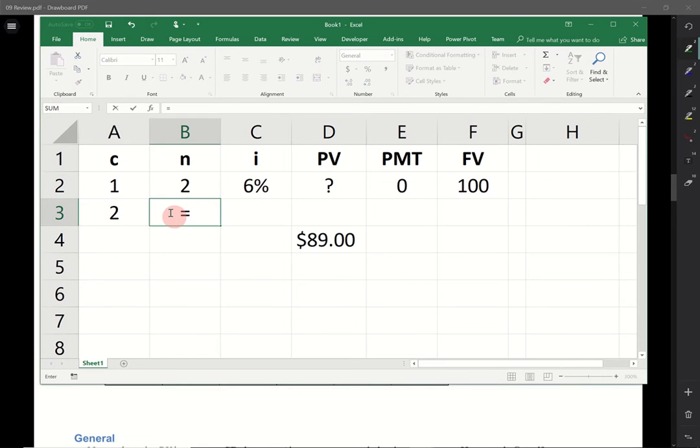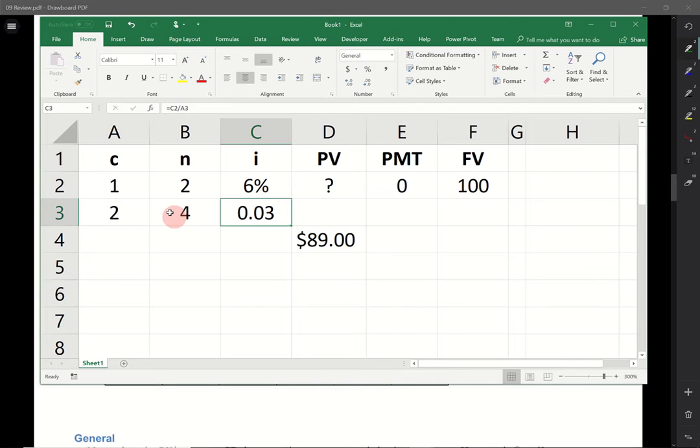So we can actually do equal n times c, right? And then here we would do the equal, say, the interest rate divided by. You can hit home and then jump there and hit tab.